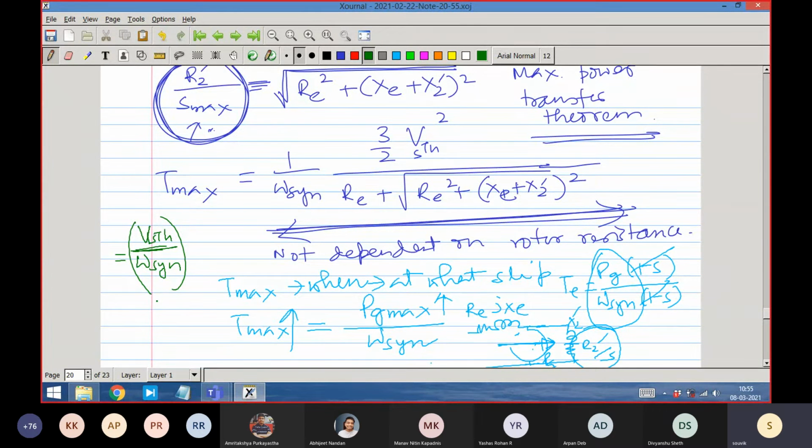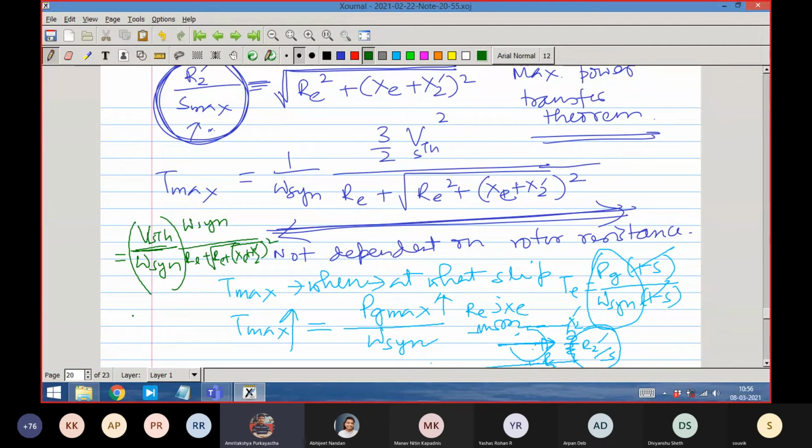So what is going to happen is that this omega sin now comes to the top, and this is the square root of RE plus XC plus X2 dash square. Now we'll do an approximation. Sir, in the numerator it is Vs Thevenin, not the omega.